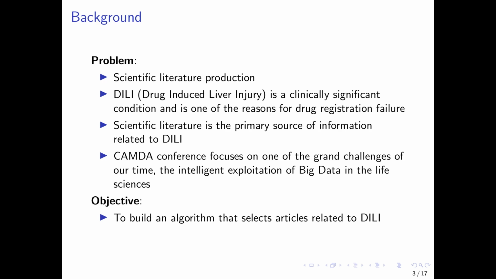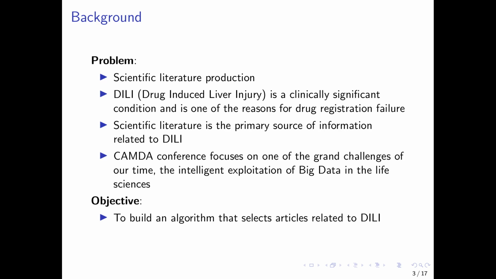So let's start. There are more and more papers produced every year, and it becomes difficult to manually process this corpus of text to extract relevant information. Drug-induced liver injury is a clinically significant condition and is one of the reasons for drug registration failures.